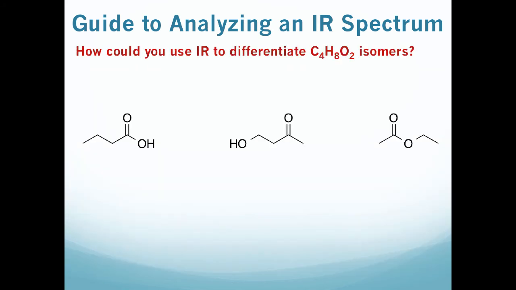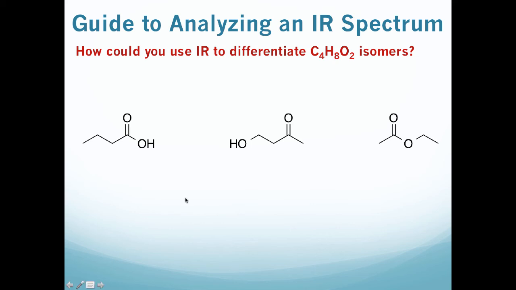One of the things that IR is often used for is to distinguish between similar isomers. All of these compounds have the same molecular formula, C4H8O2, but they have different functional groups, so we can use IR to distinguish them.